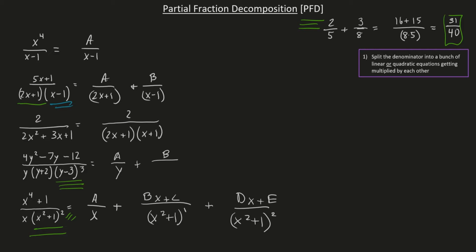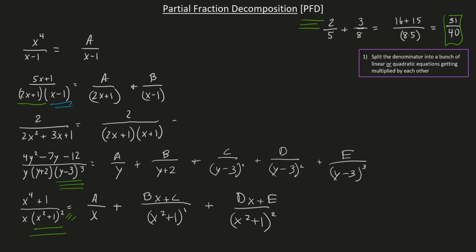The second linear equation is y plus 2, so it's a linear equation, so it gets its own letter. Now, our third linear equation is repeated 3 times. So it's going to be c over y minus 3, that's the first one, to the 1, plus d over y minus 3 squared for the second one, plus e over y minus 3 to the third, cubed.